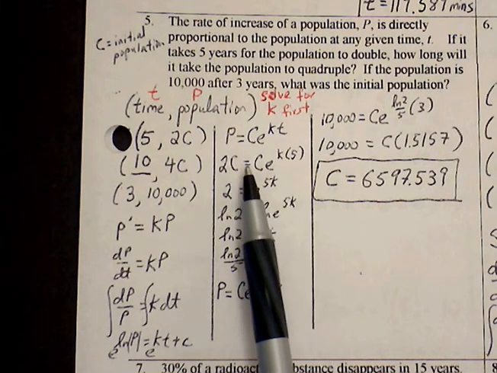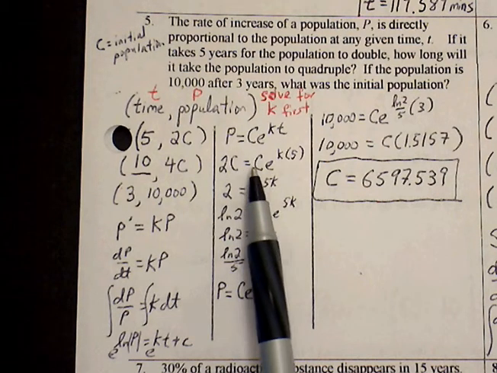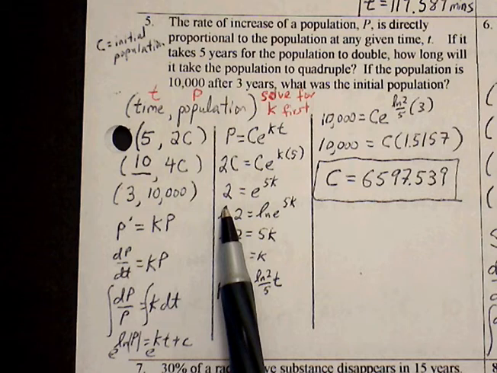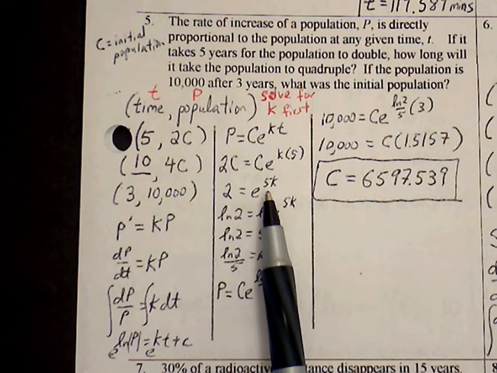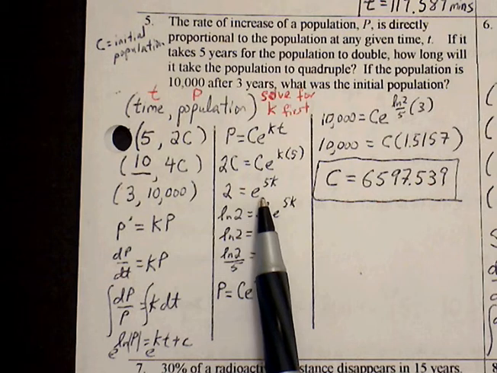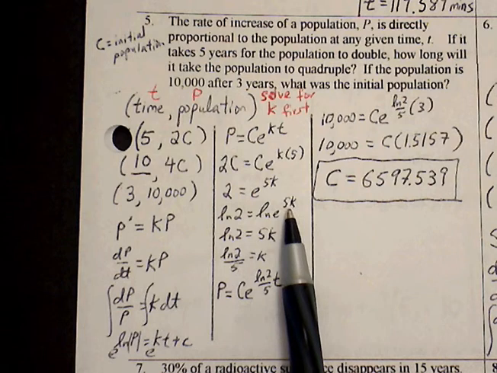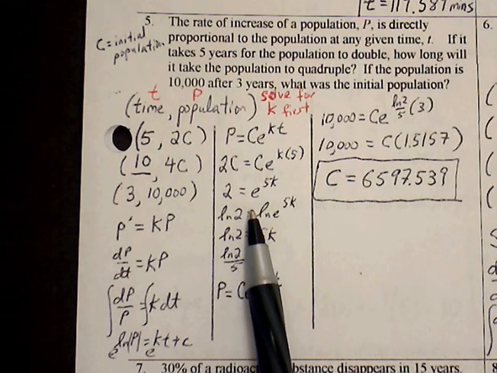Even though we don't have the C value, we can still solve for K. Conveniently, the C's cancel out, so we have 2 is equal to e to the 5K. We want to bring the 5K down, so we're going to introduce logs into the problem. ln of 2 is equal to ln of e to the 5K. Bring the 5K down in front using the log power property.